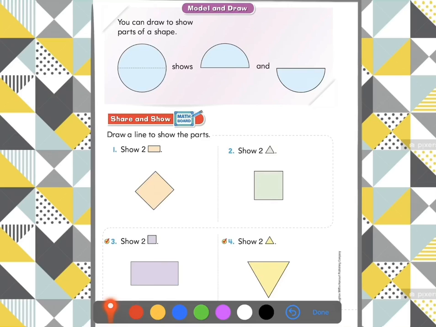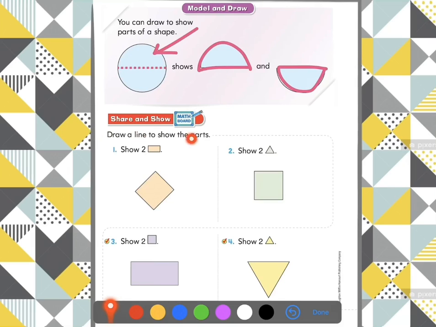Now, if I want to show the two semicircles in this shape, the circle, where can I draw my line? Excellent, in the middle of the circle. We need to draw a line to show the parts.